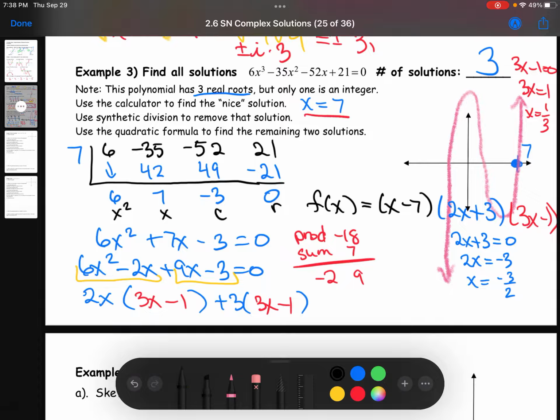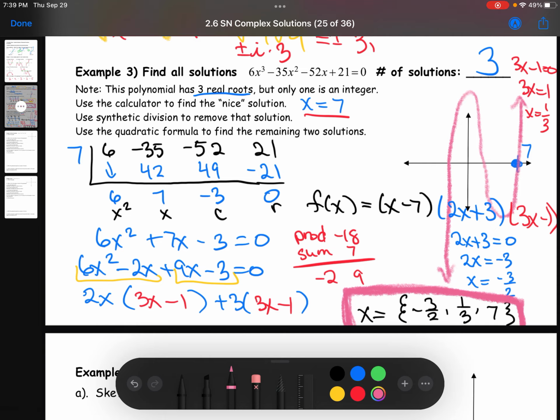X will equal 1/3. And we already knew that x equals 7. So our three solutions here, x equals, curvy braces, negative 3 over 2, 1/3, and 7. And those are the three solutions.